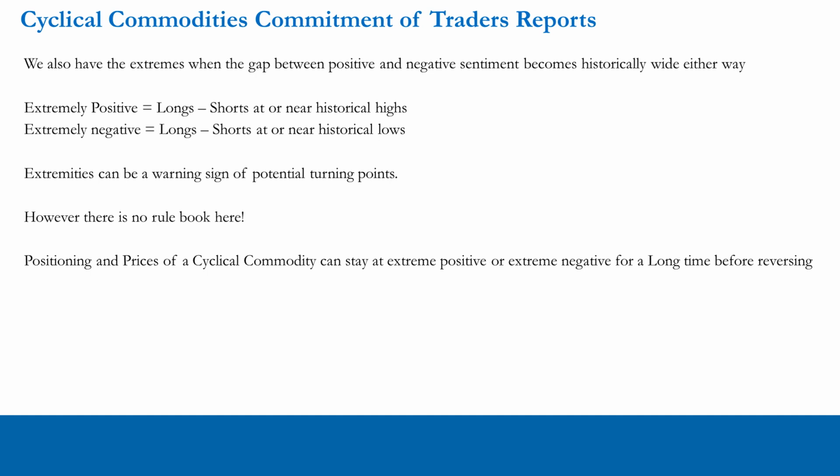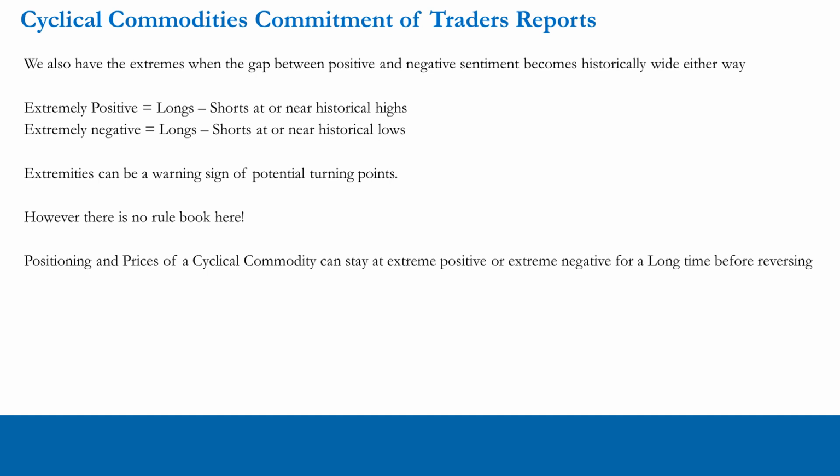turning points. However, guys, there is obviously no rule book here. Positioning and prices of a cyclical commodity can stay at extreme positive or extreme negative for a long time before reversing. So don't take this as a rules-based scenario where, for example, you're trying to connect things in your mind where you say, if I see, for example, the copper commitment of traders peaking, then I should be looking to short copper stocks.